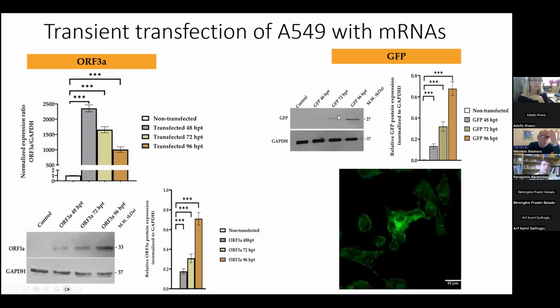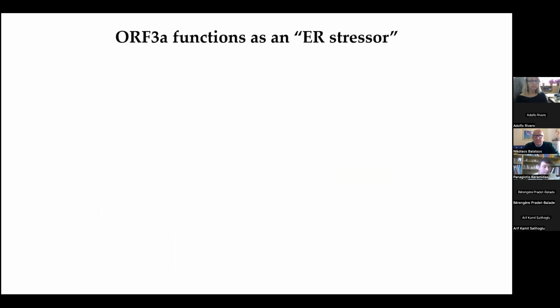For GFP, similarly, we can see that the maximum peak of protein expression is at 96 hours post-transfection, also validated by confocal microscopy images, where we can see the diffuse localization of GFP in the cells. So these clues tell us that the mRNA transfection was held successfully.